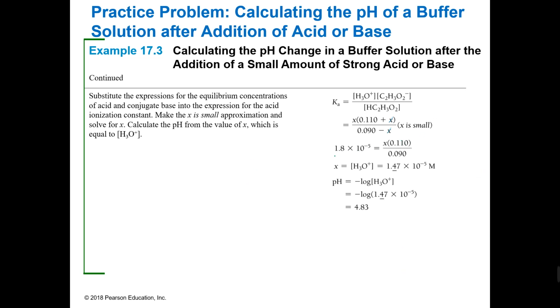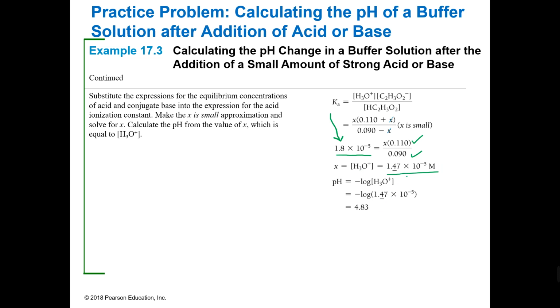So now we're left with 1.8 times 10 to the minus 5, which is the Ka, equals X times the new concentration of the conjugate base over the new concentration of the acetic acid, the weak acid. When you solve for X, which is the hydrogen ion concentration, you're going to get 1.47 times 10 to the minus 5 molar.